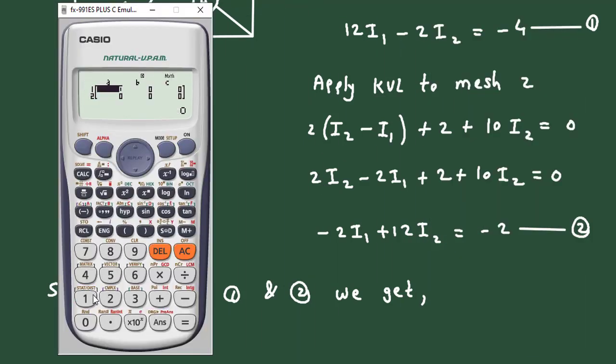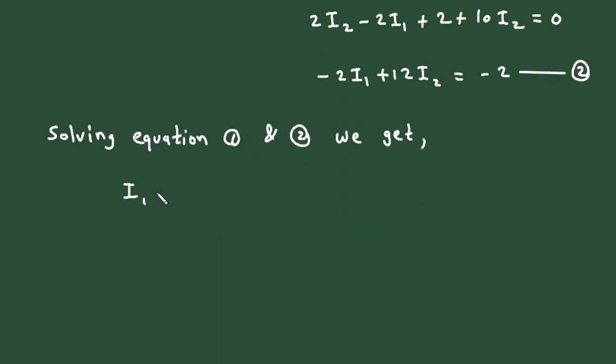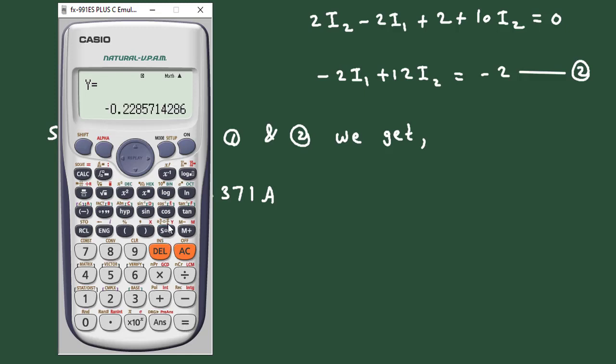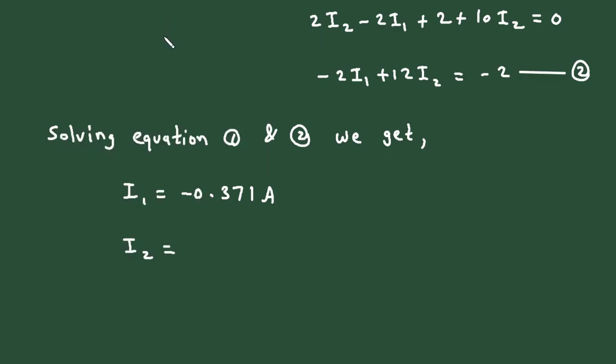Mode 5 1, then 12, minus 2, then minus 4, then here minus 2, then 12, then minus 2. Therefore the value of I1 is minus 0.371 ampere, and the value of I2 is minus 0.228 ampere.